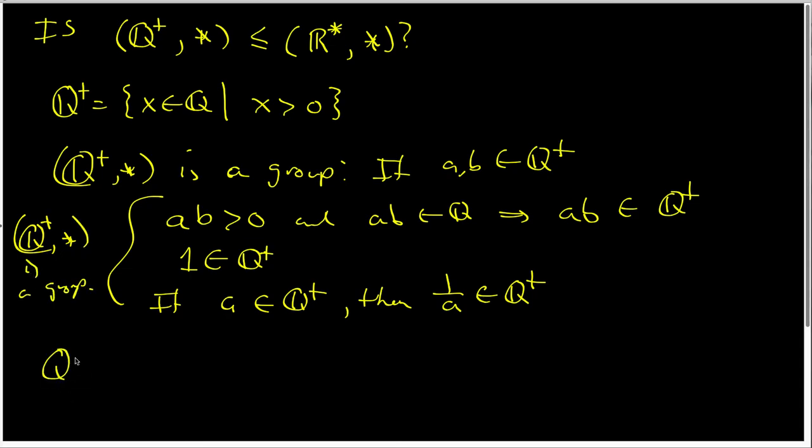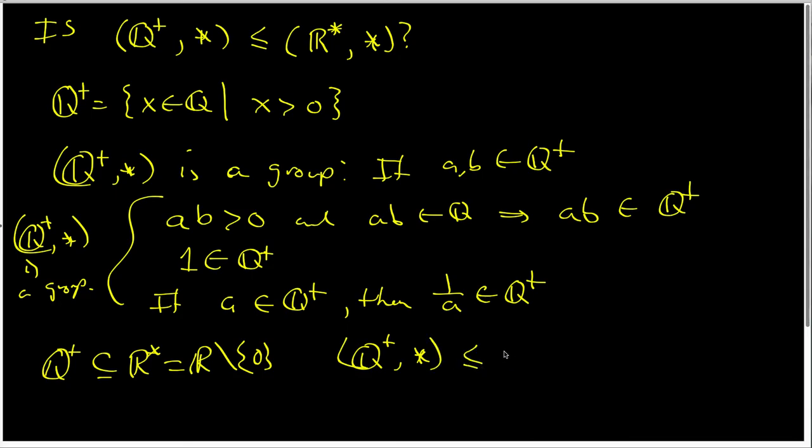And Q plus is clearly a subgroup of R star, because R star is all of the real numbers, take away 0. And so, yes, Q plus under times is indeed a subgroup of R star under times.